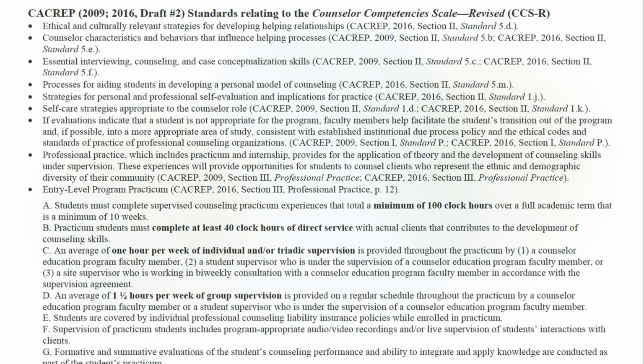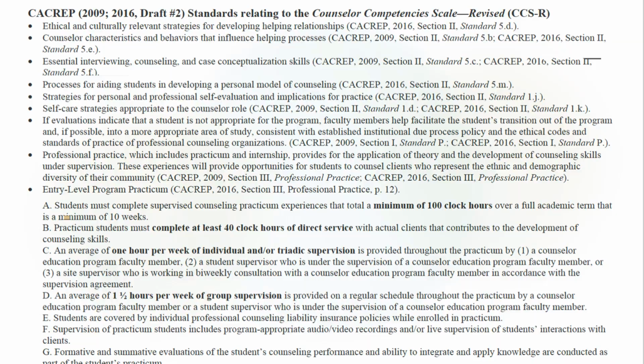We don't want you to be lacking in any skills when you step out as an LPCA or LMFTA. So really take a look at these CCREP standards. You can find it online as well, because this is going to help you understand why we do some of the things that we do at HCU, because even though we're not CCREP, we do want to align ourselves to a standard of high practice.